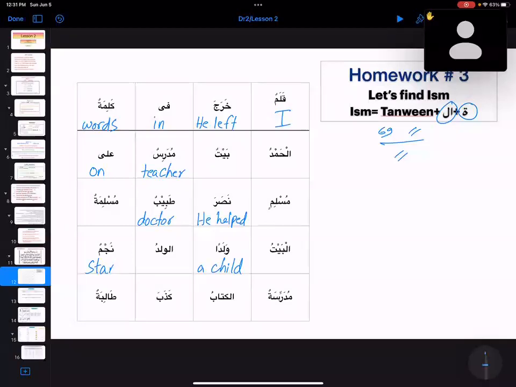So mudarrisun, and then no, it's not madrasa, it is mudarrisatun. Okay, so this haraka is different, right? So that is making it different. So mudarrisatun means the female teacher. Kitab, al kitabu, the book. Kazaba means he lied. So this is a fail. And talibatun means a student.